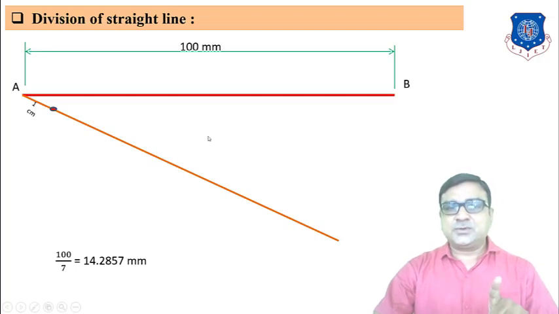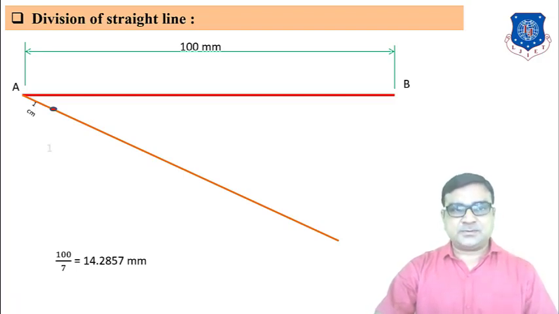Suppose here I want one division equal to 1 centimeter. So put 1 here, then another 1 centimeter, 2, 3, 4, 5, 6 and 7.